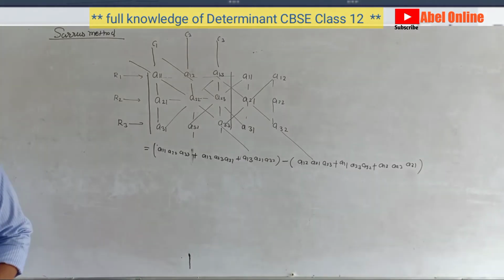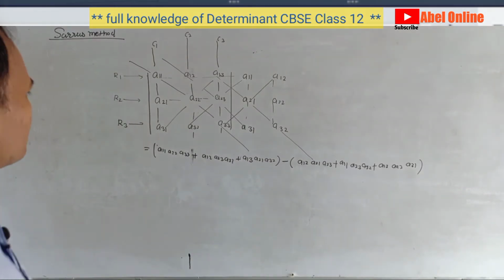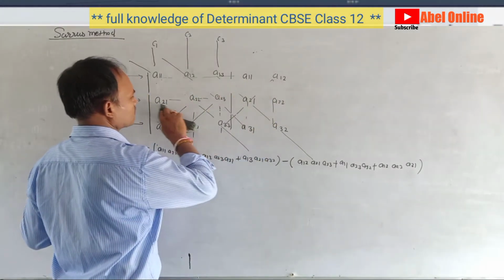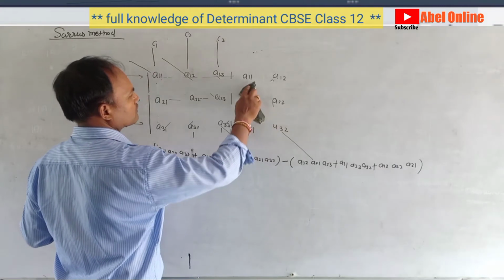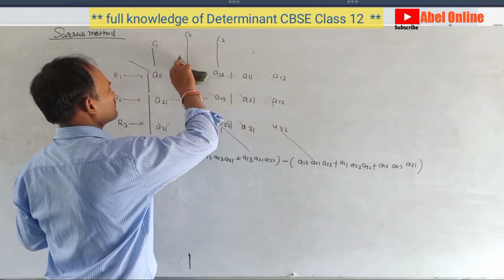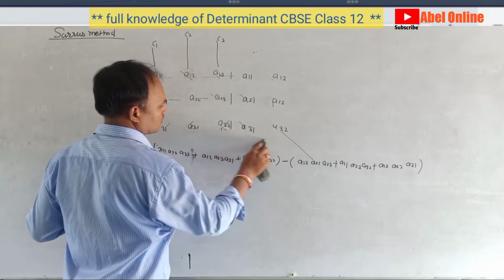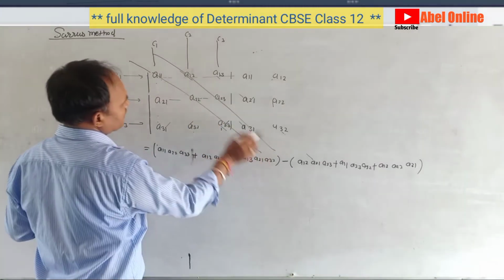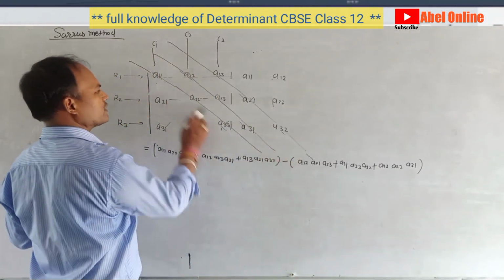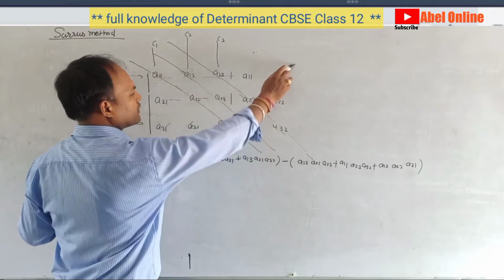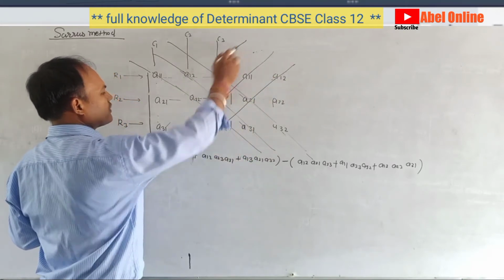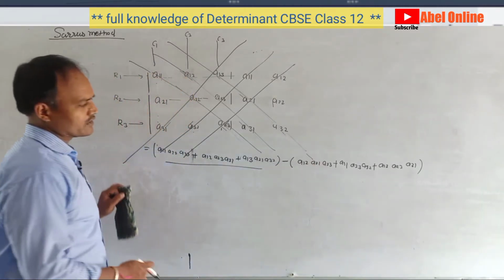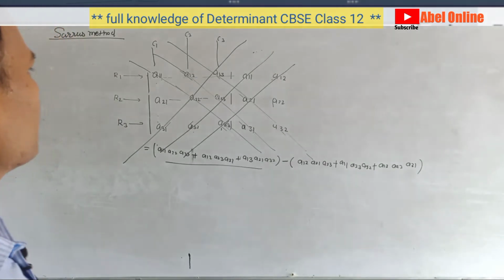A lot of arrows are there, so I eliminate some arrows to understand better. First you have to start from here. This is the first line, second line, third line. Just multiply them, and then the first line, second line and third line. Just multiply them and use the negative sign in between them. Now this is the Sarrus method.